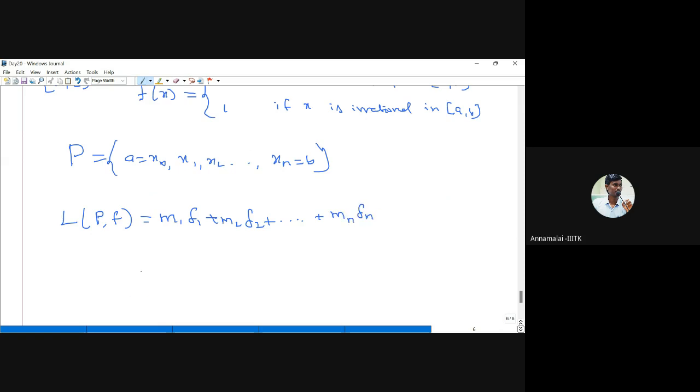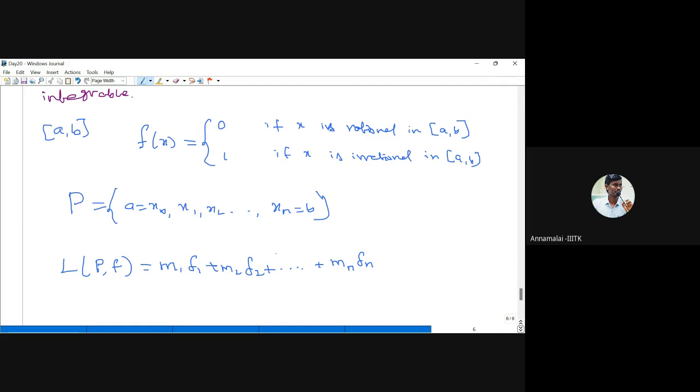Now, what is m1? If you take any interval, the interval always contains rational numbers as well as irrational numbers. Suppose a is here, b is here, this is x0 and this is x1. It's not possible to draw the function exactly, because the function takes only the values 0 and 1. Anyway, the first interval contains rational points as well as irrational points.